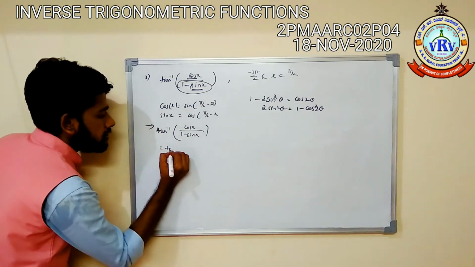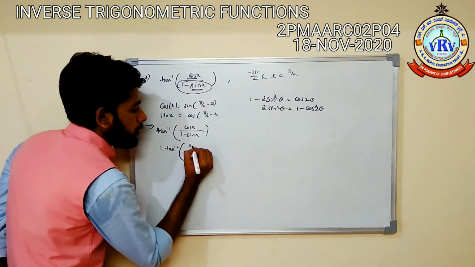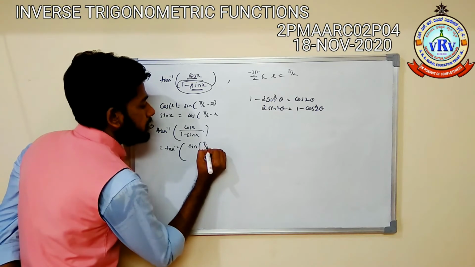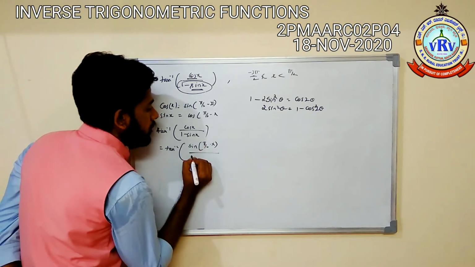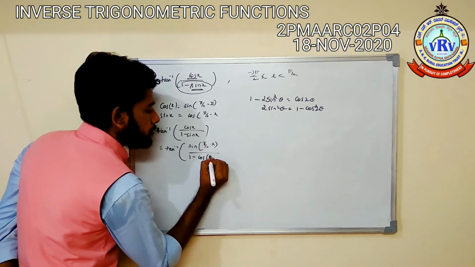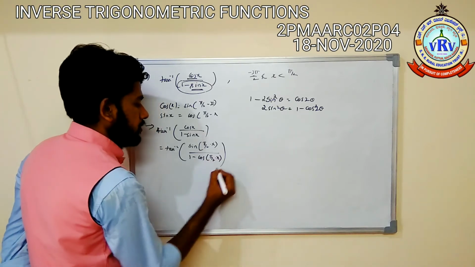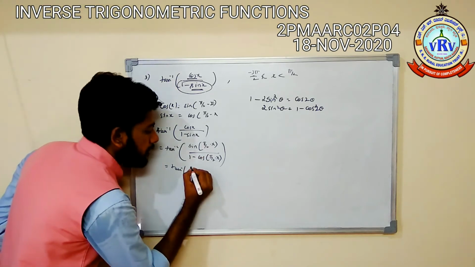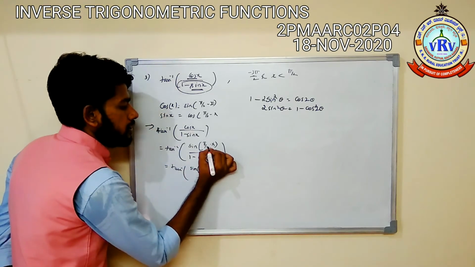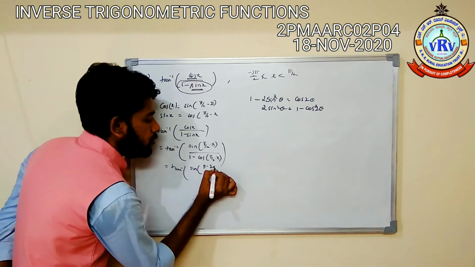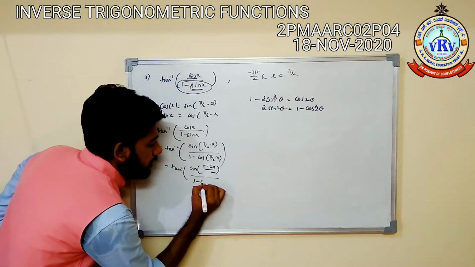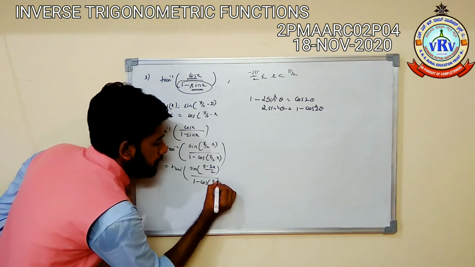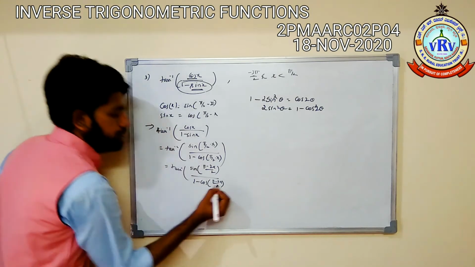So the expression is like this: tan inverse of cos x divided by 1 minus sin x. We can write it as tan inverse of sin pi by 2 minus x divided by 1 minus cos pi by 2 minus x. I will simplify the expression inside the bracket. If I take the LCM, it is sine of pi minus 2x by 2 divided by 1 minus cos of pi minus 2x by 2.